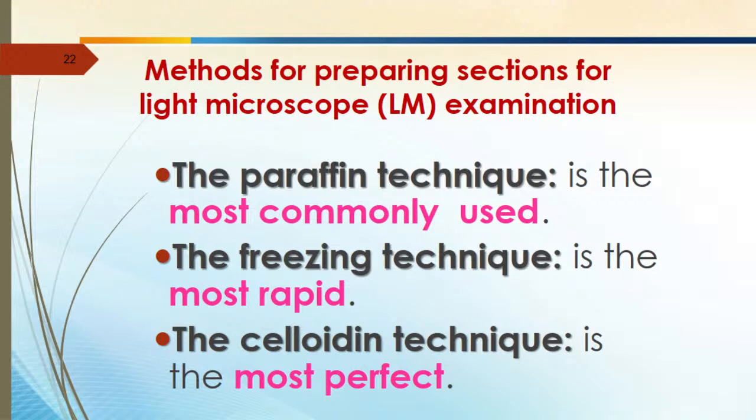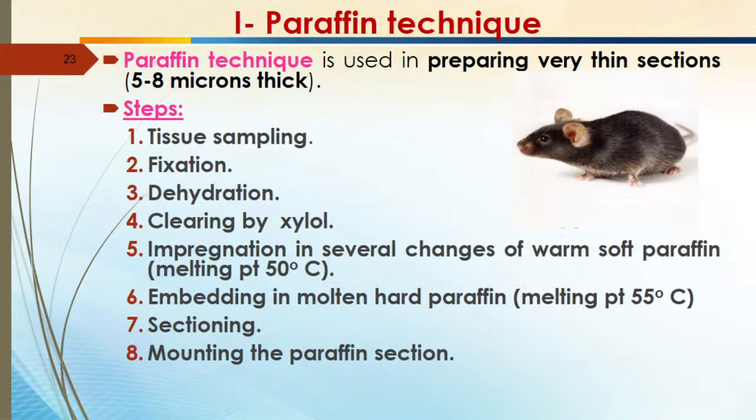Next, the celloidin technique is the most perfect, but modern methods ordinarily use the paraffin technique as the unique one. Next, what about the paraffin technique? The paraffin technique is used in preparing very thin sections, 5 to 8 microns thick. Ordinarily, now we use an experimental animal, for example rats.